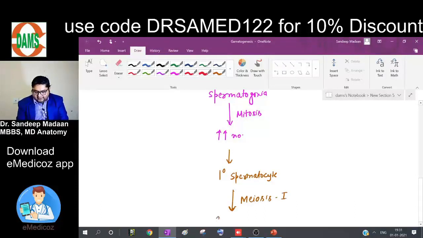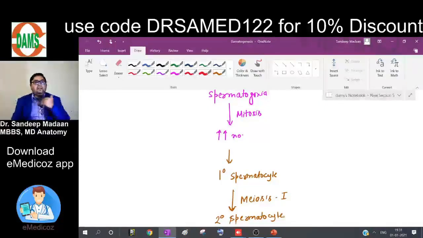At the end of meiosis 1, we get the secondary spermatocyte. Now let me ask you, is meiosis 1 equal division or reduction division? Yes, correct. Meiosis 1 is reduction division.